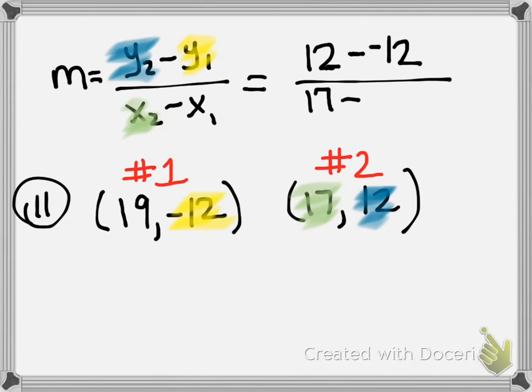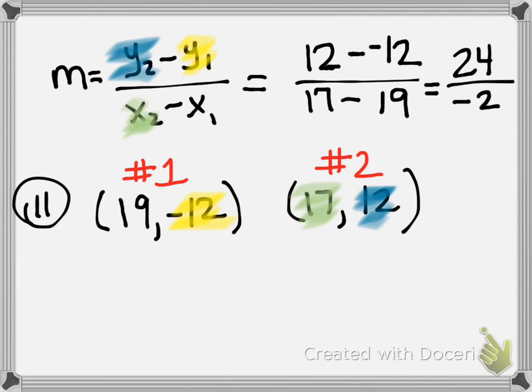x1 is the x coordinate for point number 1, which is 19. Now it's just a matter of simplifying this fraction. So 12 minus negative 12 is the same as 12 plus positive 12, which is 24. 17 minus 19 is the same as 17 plus negative 19.